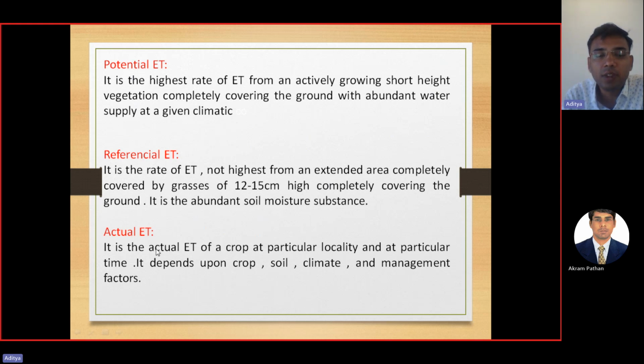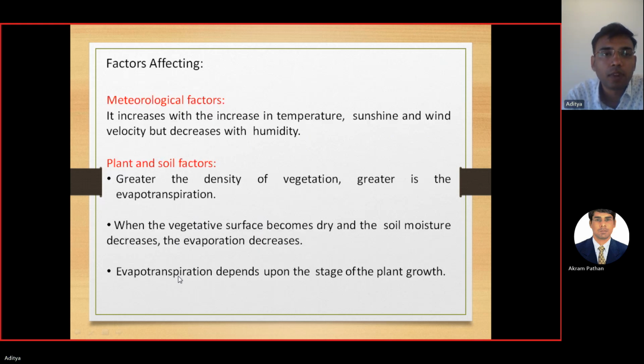Then actual evapotranspiration is the actual evapotranspiration of a crop at a particular locality at a particular time. It depends on crop, soil and climate. Then the factors affecting evapotranspiration are meteorological factors, which are temperature, wind velocity, etc., and plant and soil factors.